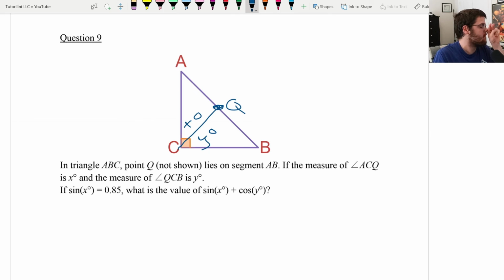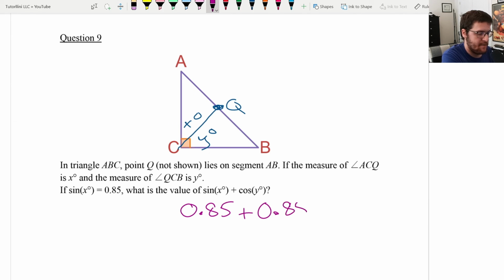Well, the sine of one is equal to the cosine of the other because they're adjacent complementary angles. See that 90 degree angle is there? That's how we know. And if sine of x is 0.85, then cosine of y must also be 0.85. So the value of that expression is 0.85 plus 0.85, which is just 1.7, and that would be the answer.